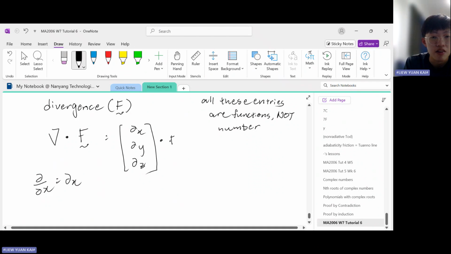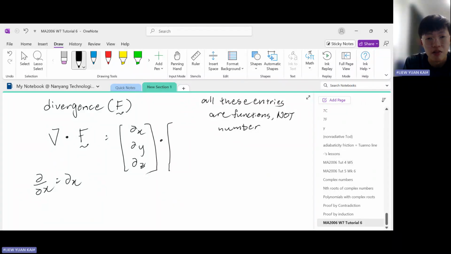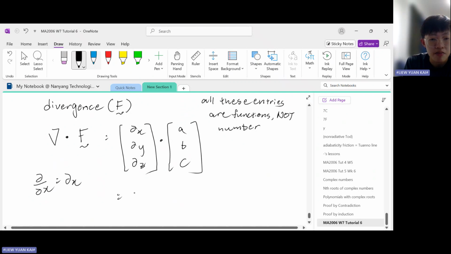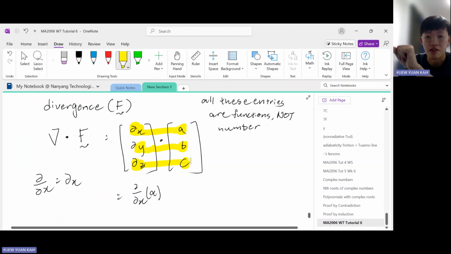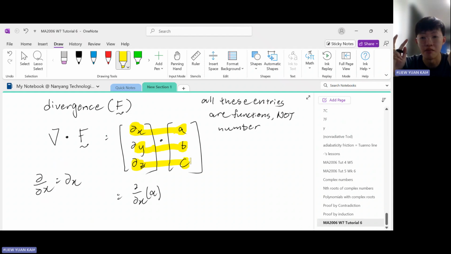Suppose f has the form (a, b, c). Then divergence becomes this times this, this times this, and then you add them all together. I'm using times loosely because I'm not actually multiplying them.